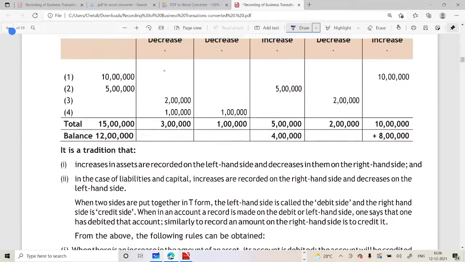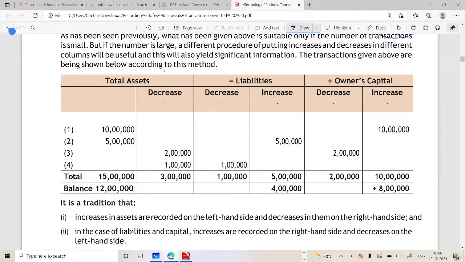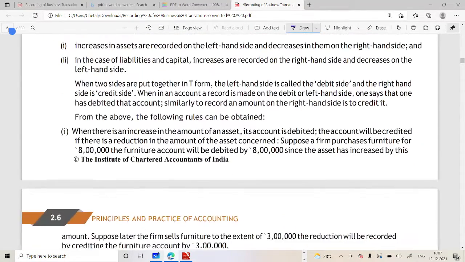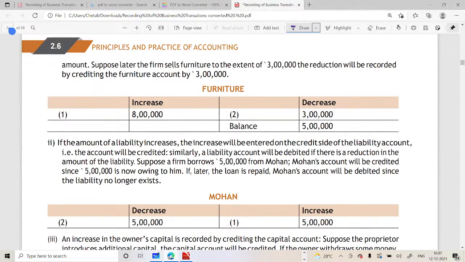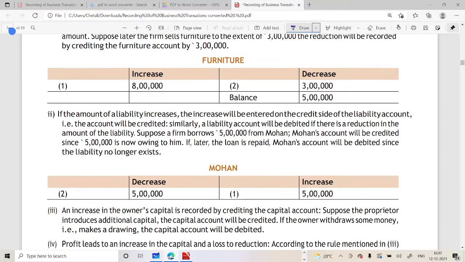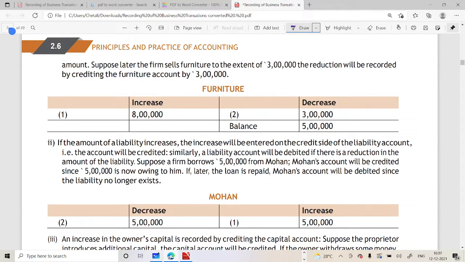Okay, we have seen this already, so I don't want to go through it again. Okay, this is something interesting that we see here: principle and practice of accounting.